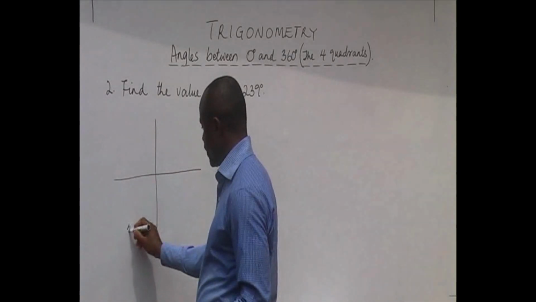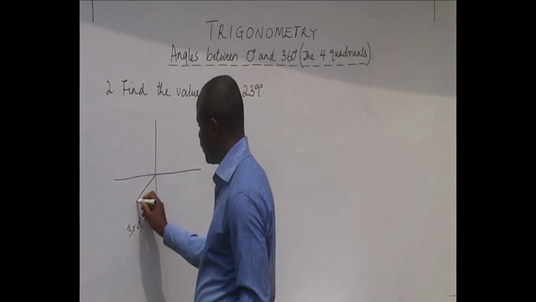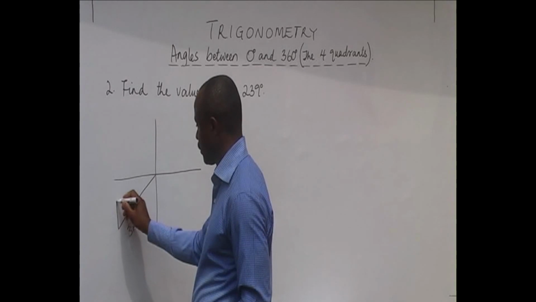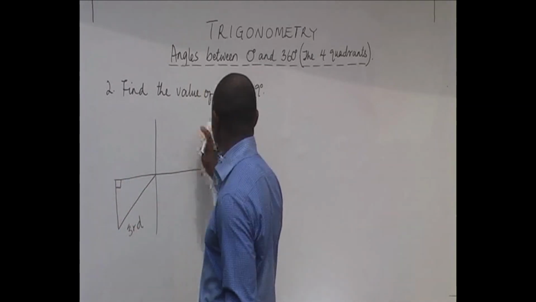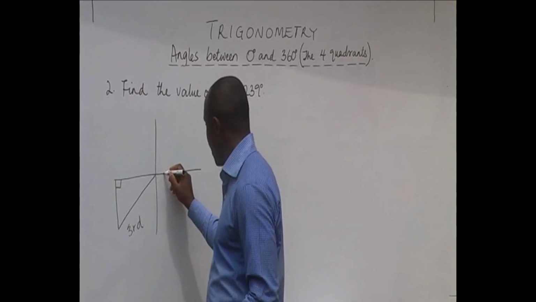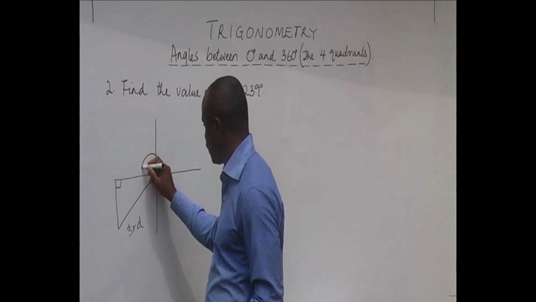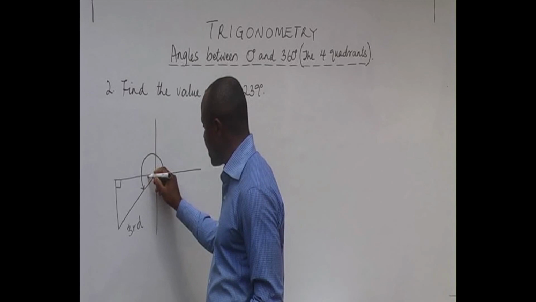This is the third quadrant. So draw a triangle. So this angle now, 239, is the angle from here to here, and its equivalent acute angle is this angle.